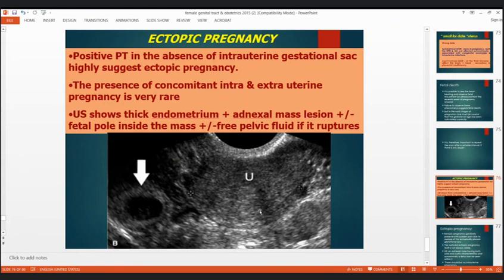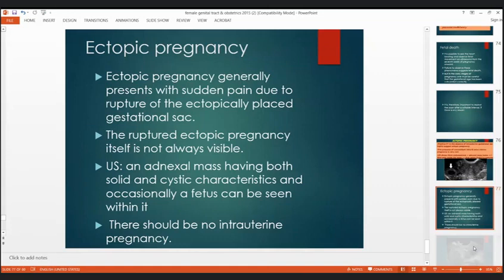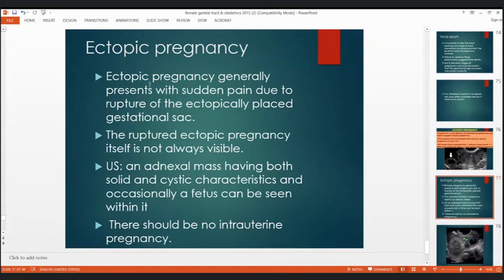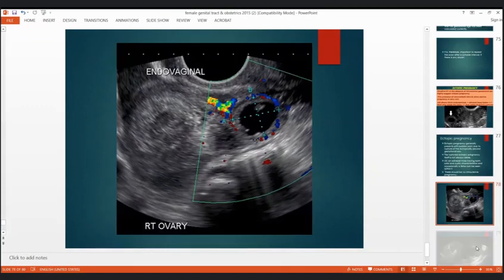This is the most common appearance of ectopic pregnancy. Free fluid, a large amount of free fluid, will be seen if the cyst ruptures. Ectopic pregnancy generally presents with sudden pain due to rupture of the ectopically placed gestational sac. The ruptured ectopic pregnancy itself is not always visible, but on ultrasound there is an adnexal mass having both solid and cystic characteristics, and occasionally a fetus can be seen within, and there should be no intrauterine pregnancy.